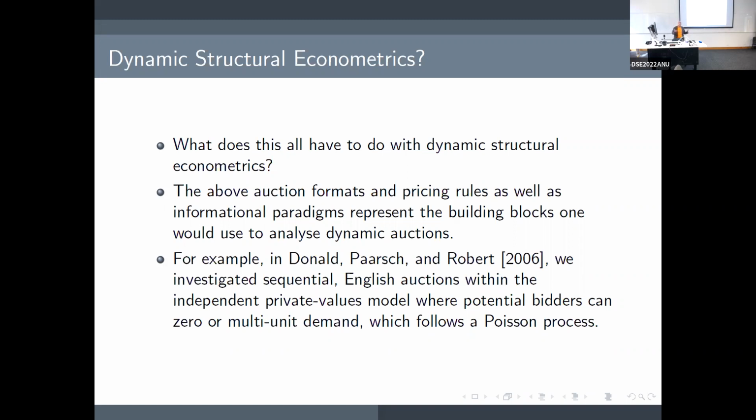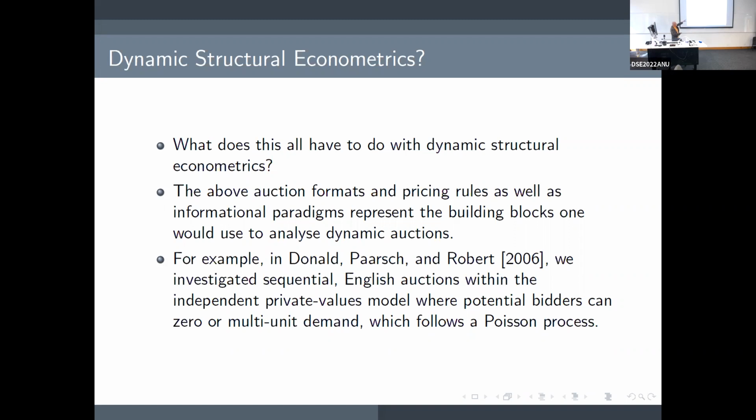And so economists distinguish between multi-unit and multi-object auctions. Multi-object auctions are very complicated because they typically involve an apple and an orange and a pear, whereas a multi-unit auction is 3 apples or 3 oranges, and you can often invoke decreasing marginal utility, and that puts a lot of structure on what you're looking at.